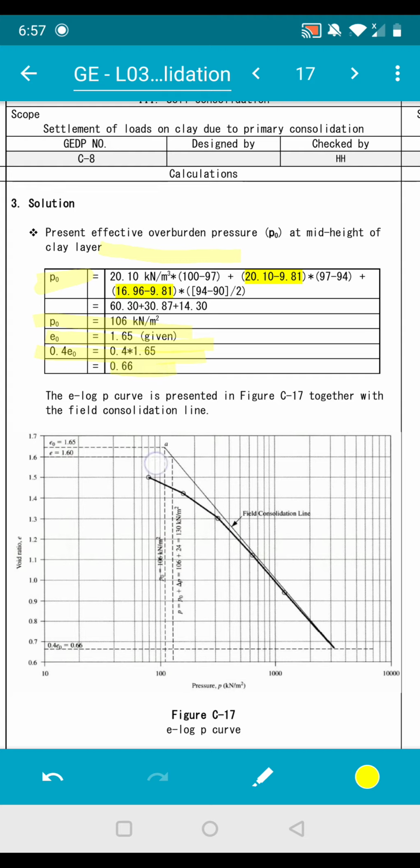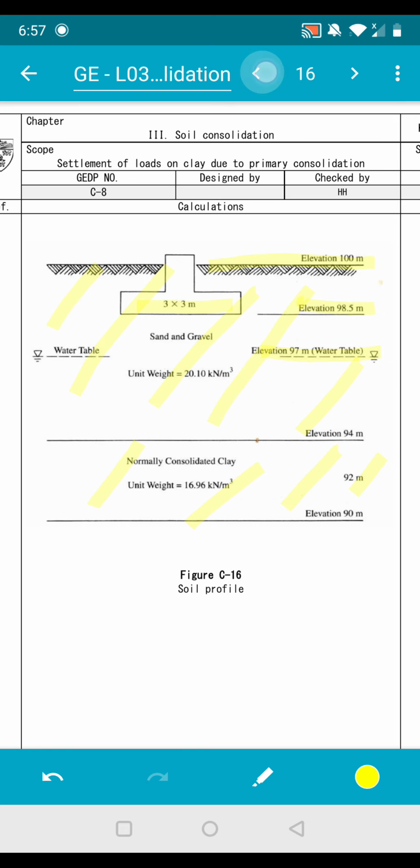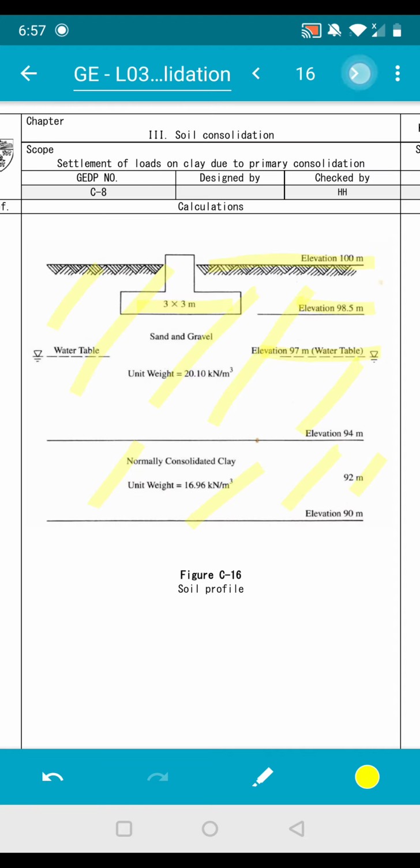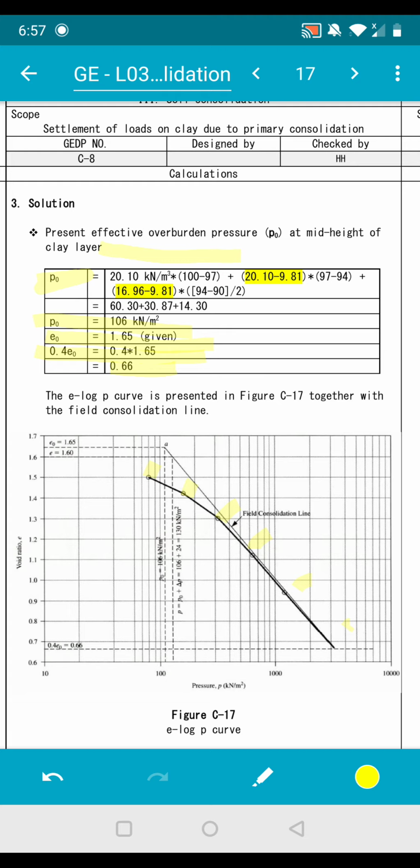So when you plot the graph with this data over here, okay, the required was prepare the e-log p curve and construct the field consolidation line. So this one, you can refer back to your notes, a step-by-step process, how to get it, okay?